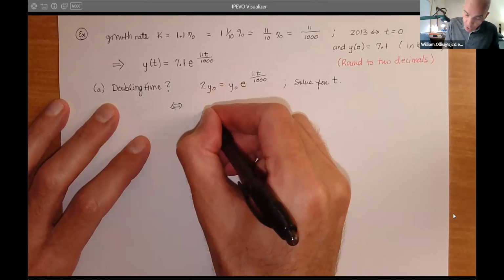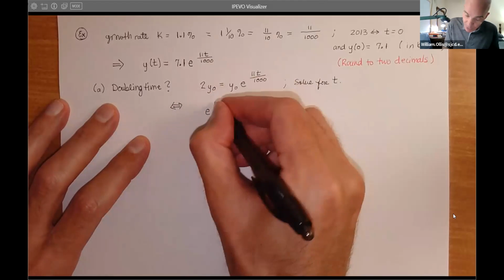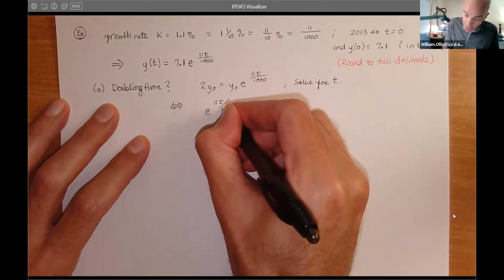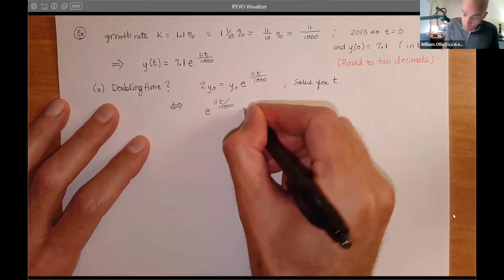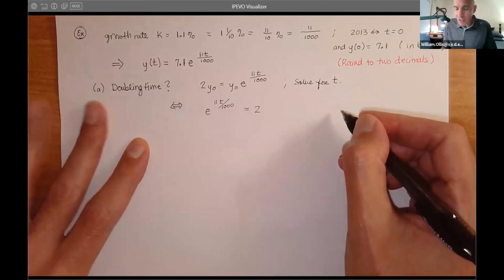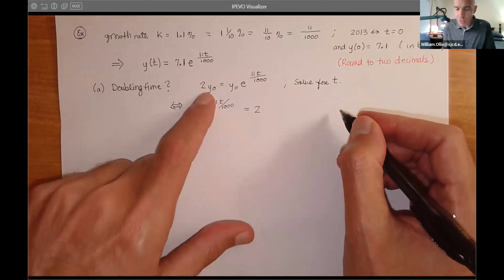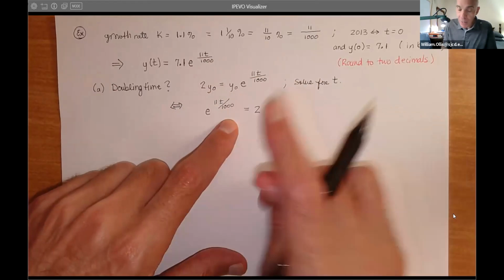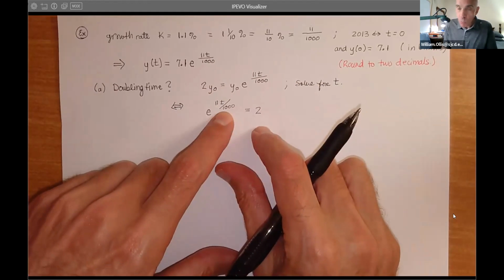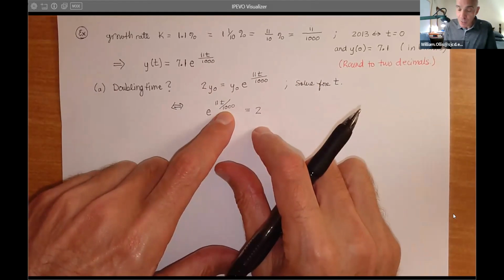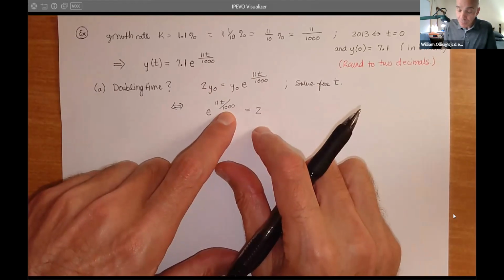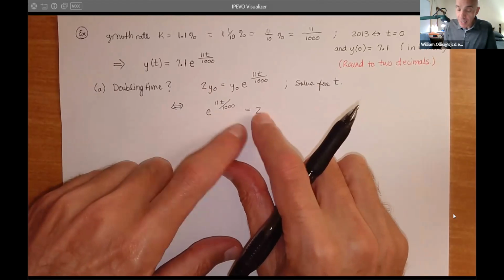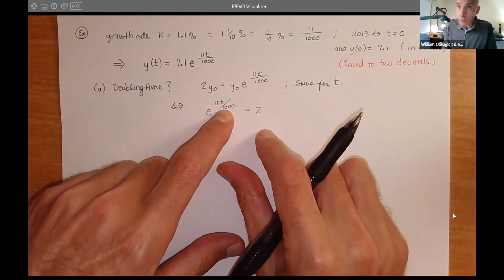So we get, I'll just go ahead and write this exponential term on this side. E to the 11T over 1,000 equals 2. So you're thinking you could have just written this down because in general, the Y sub 0s or initial amounts we're going to absorb. So now we say, what's a logarithm? This is the power of the base. So what we're seeing is that the power of E that equals 2 is 11t over 1,000.